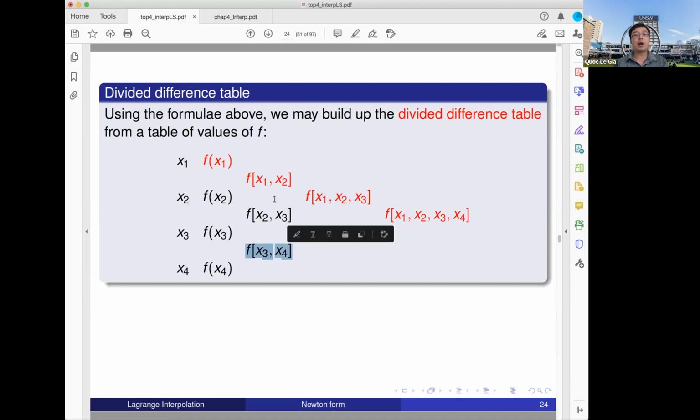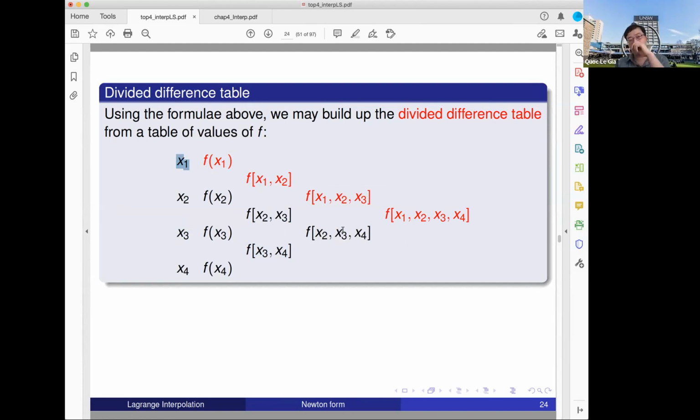And once you have the third column, how do you compute this one? Well, I just take the difference f[x2, x3] minus f[x1, x2] over x3 minus x1. And so on. So by the end, you can compute the whole table easily.